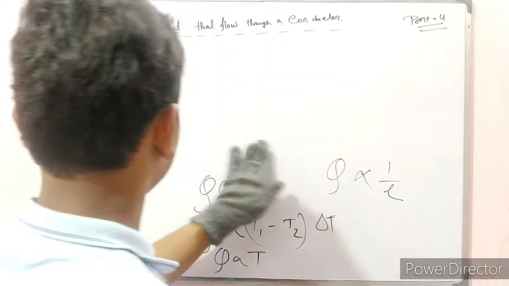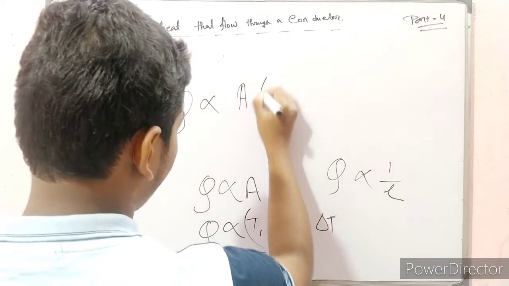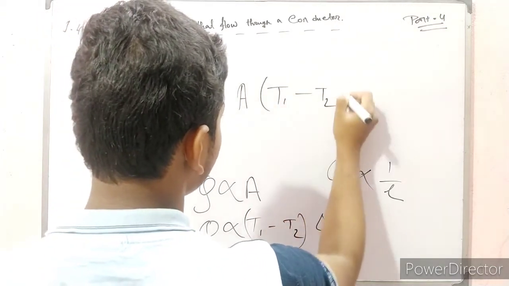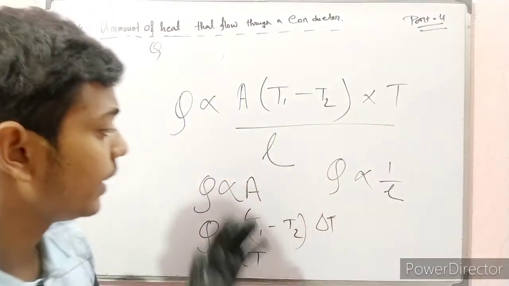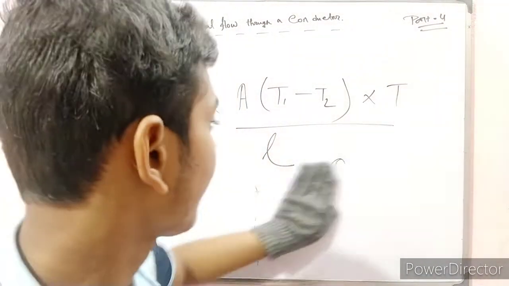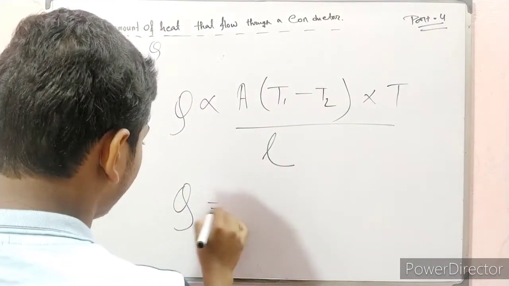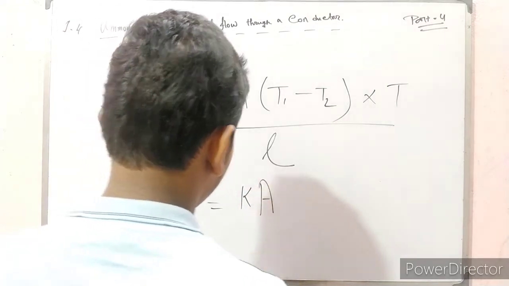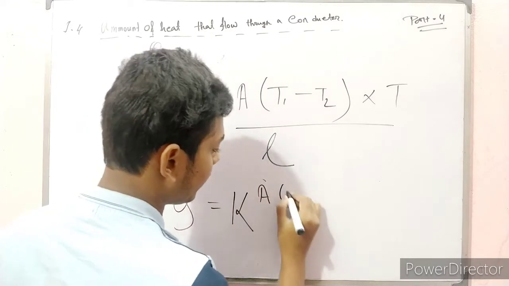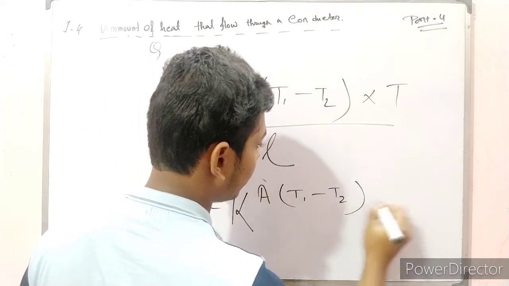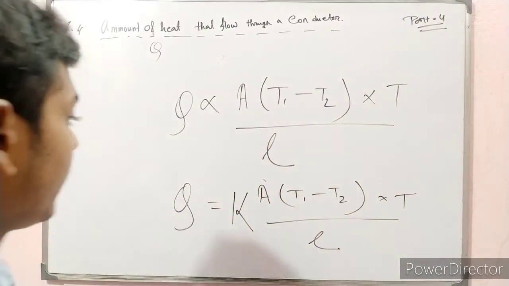Q is directly proportional to A into T1 minus T2 into time T divided by L. Now we will take a constant K, so Q equals K A (T1 minus T2) T by L. That is the equation.